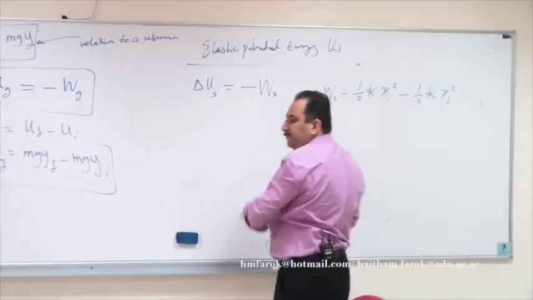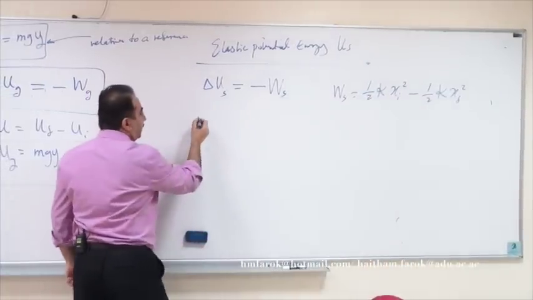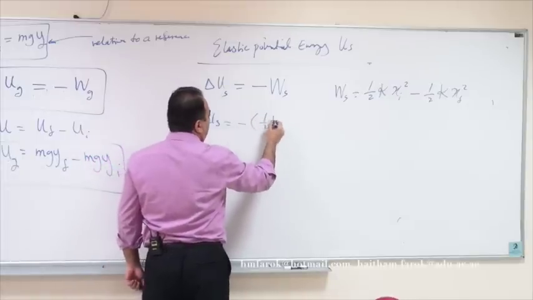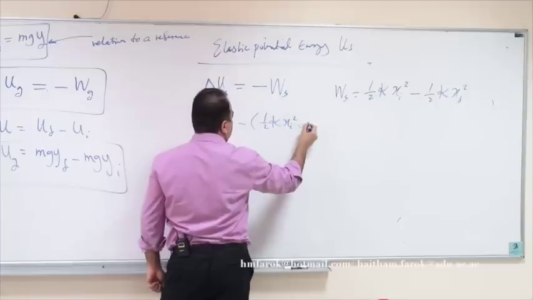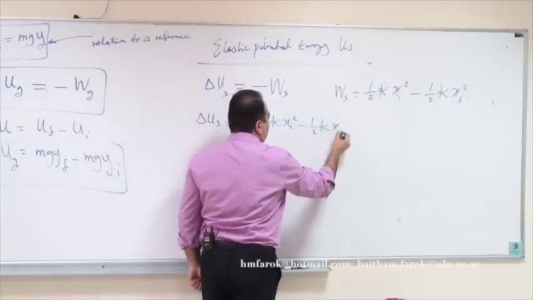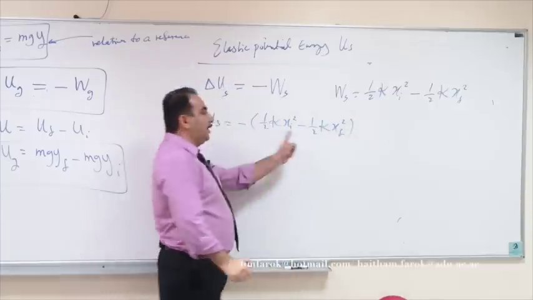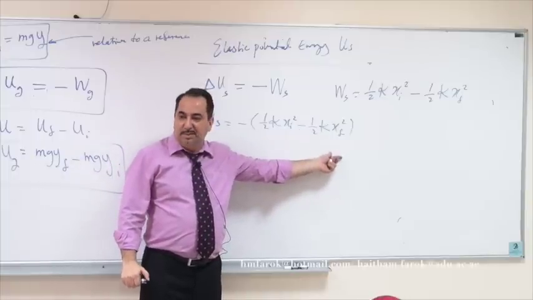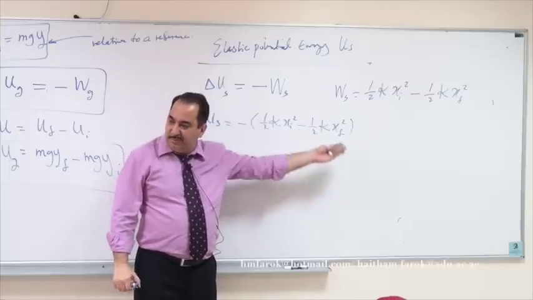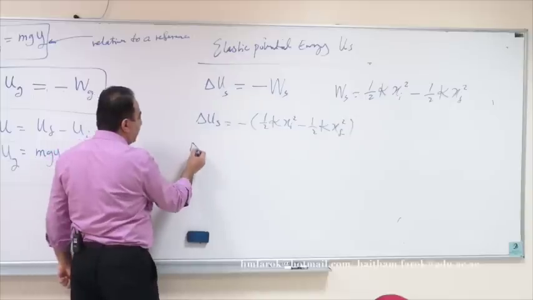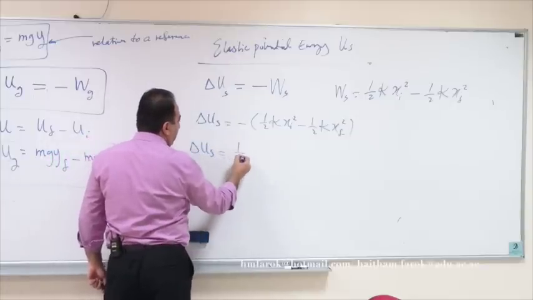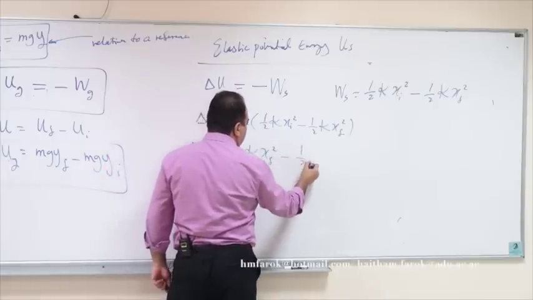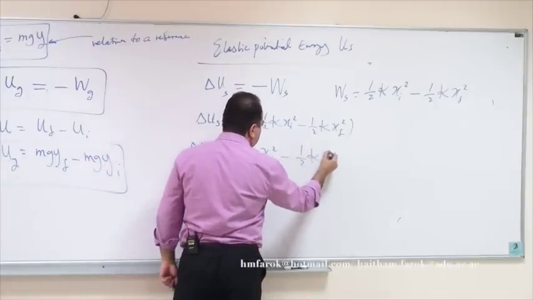Now, substitute here. What you'll have? Delta U S equals minus half kappa x initial square minus half kappa x final square. When you multiply by minus, the initial becomes negative, the final becomes positive, so put the positive first. So you'll have delta U spring equals half kappa x final square minus half kappa x initial square.